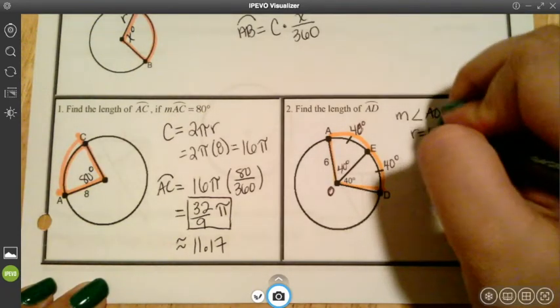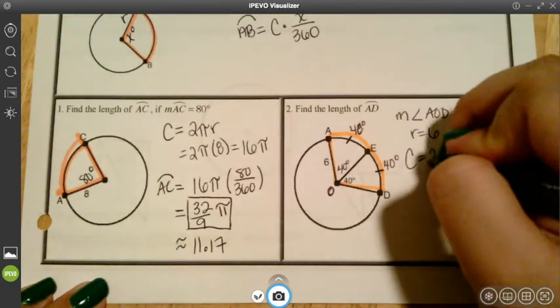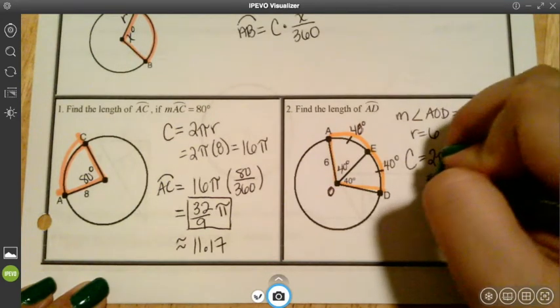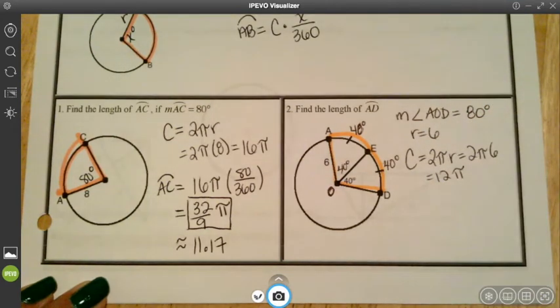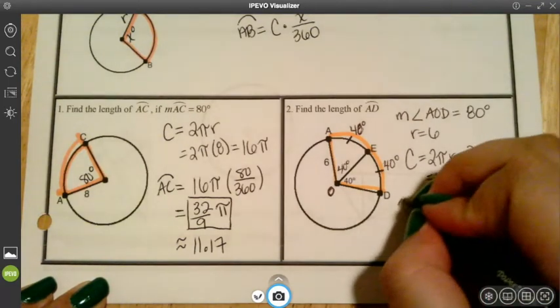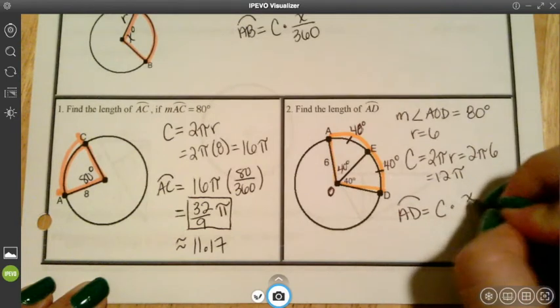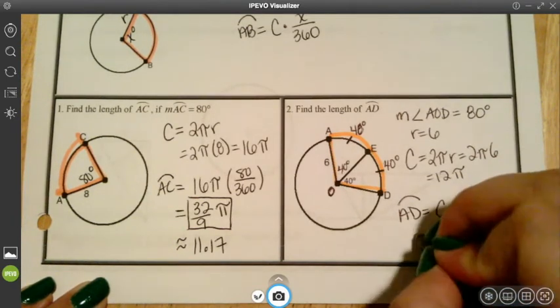Our radius is 6, so our circumference is 2 pi r. 2 pi times 6 equals 12 pi. To find our arc, we use the formula circumference times degrees over 360.